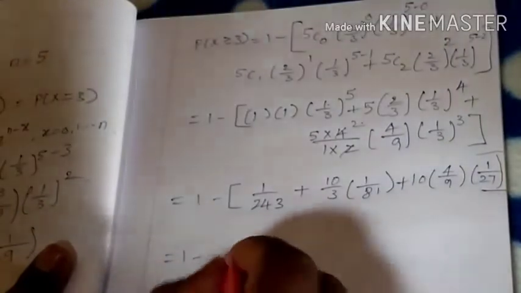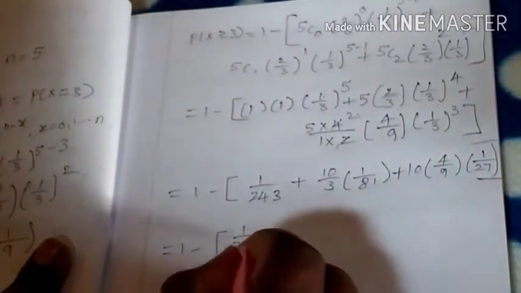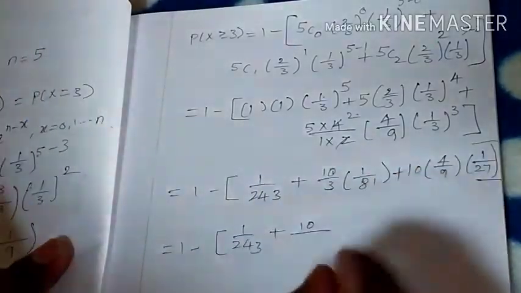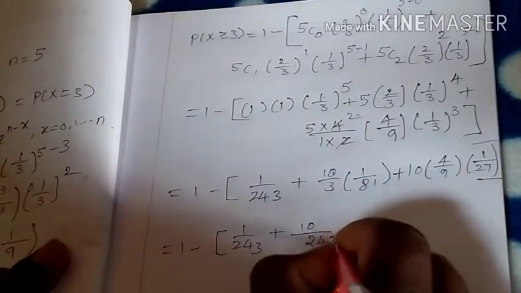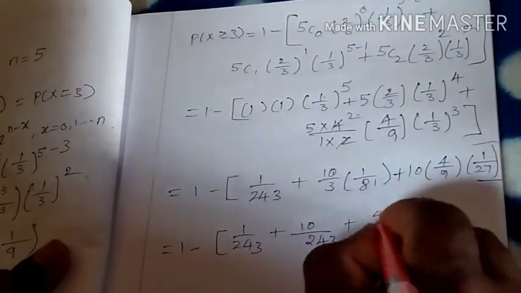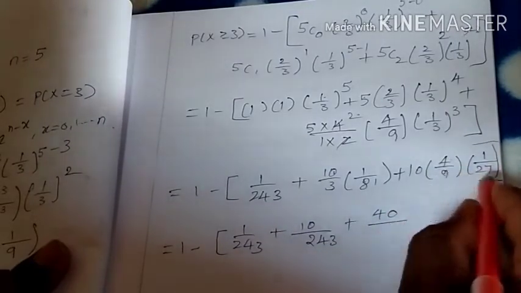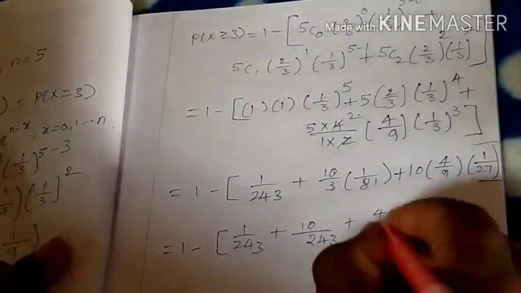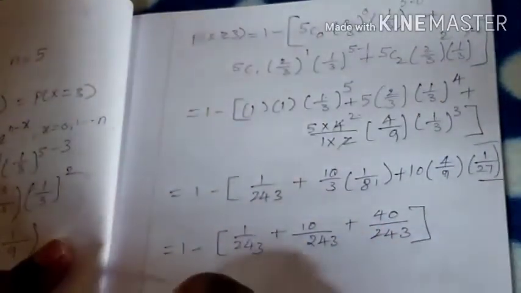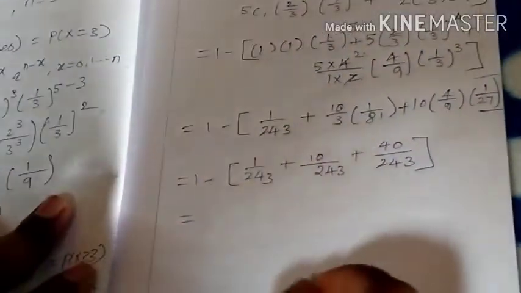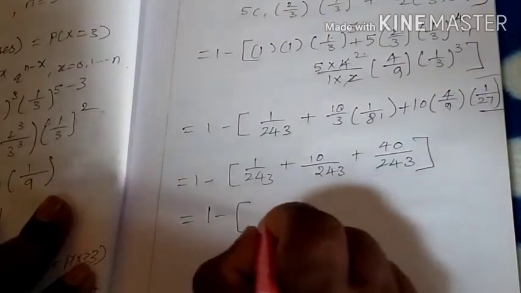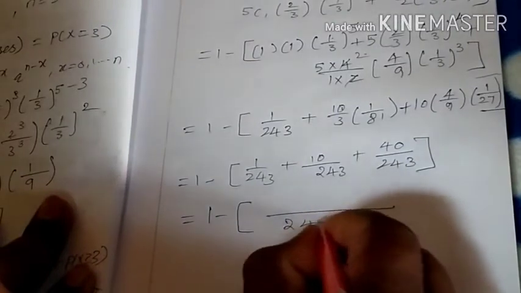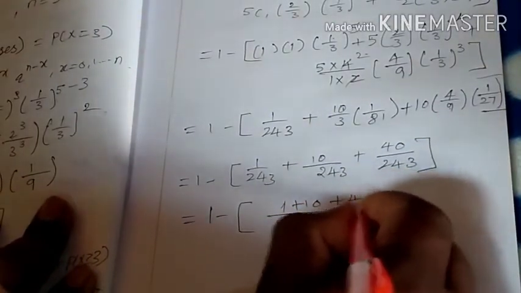Next, it is equal to 1 minus 1 by 243 plus 10 divided by 3 into 81, 243, plus 4 tens are 40 divided by 9 into 27. 27 into 9 is equal to 243. Okay, so it is equal to 1 minus. So now consider all the denominators are like fractions, 243, 243. Then the sum of the numerator: 1 plus 10 plus 40.